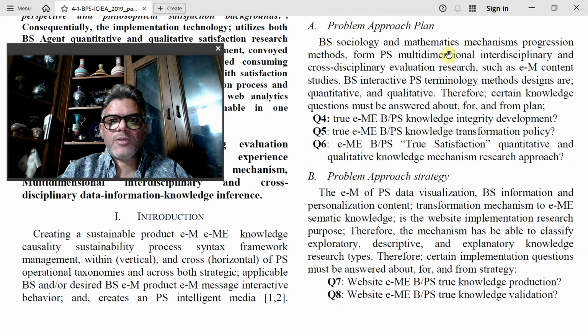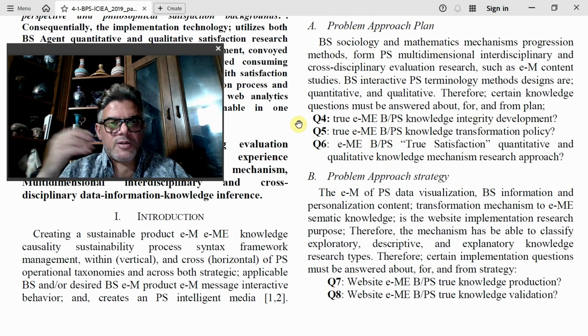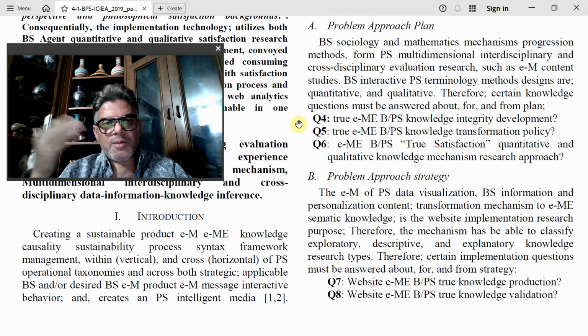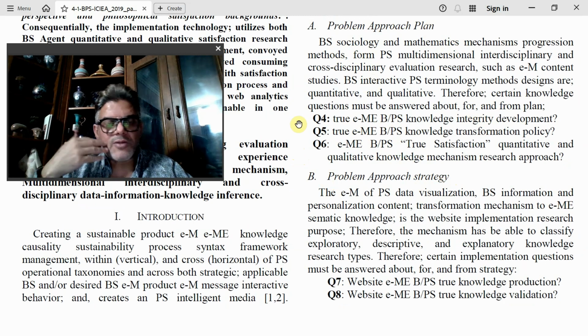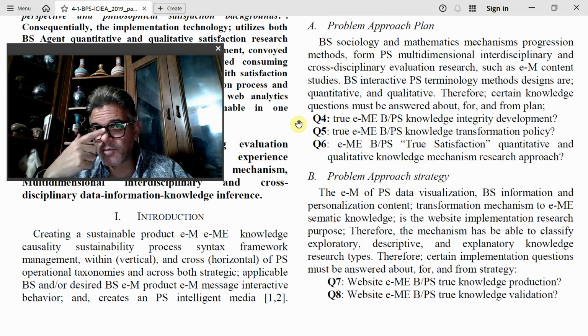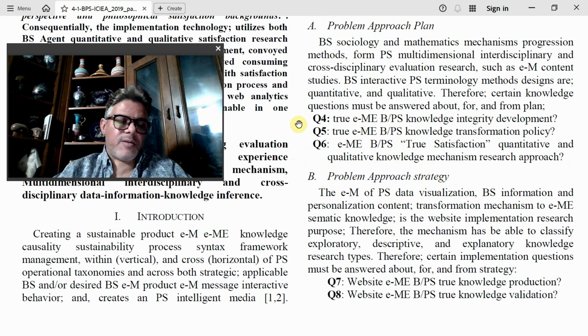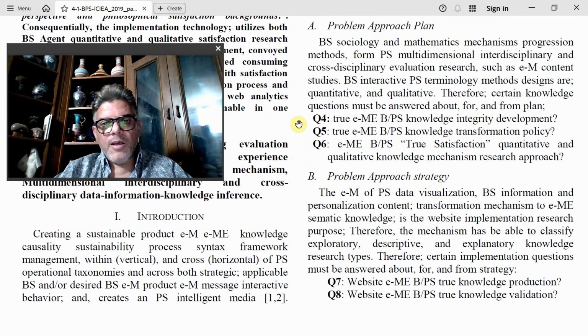Most peer reviewers will tell me, why do you have a plan, approach plan and approach strategy? And of course, after reading the paper, if you don't understand, I can explain it to you, because you are really a PhD holder.